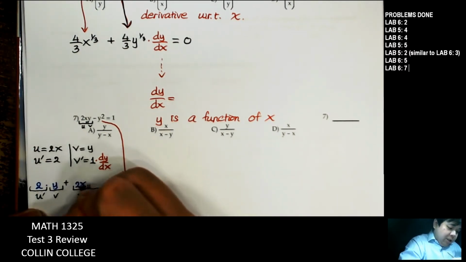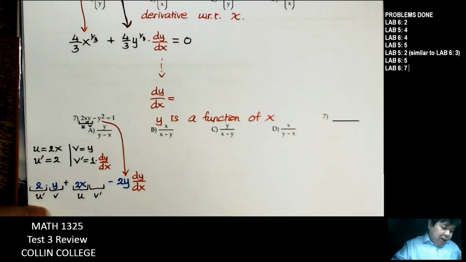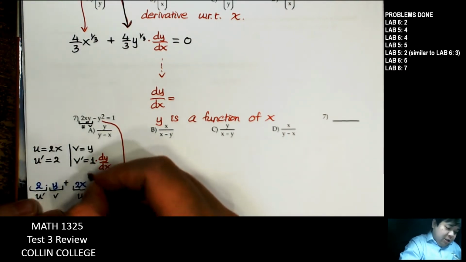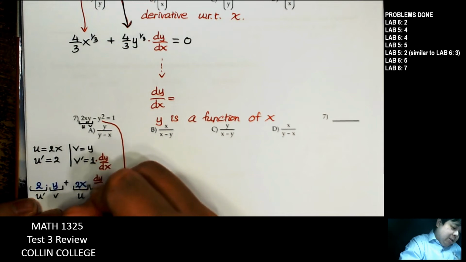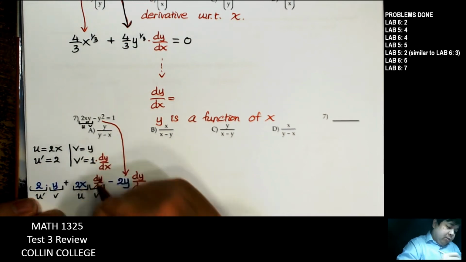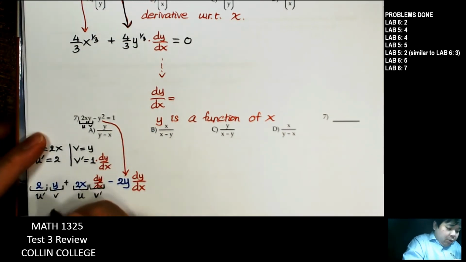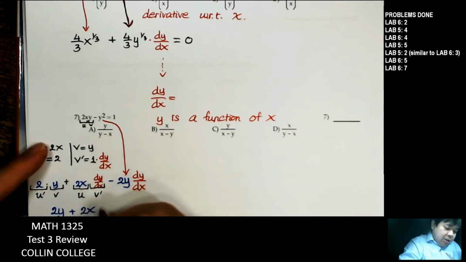So u prime will be 2, v is y, and u will be 2x, and v prime will be that.